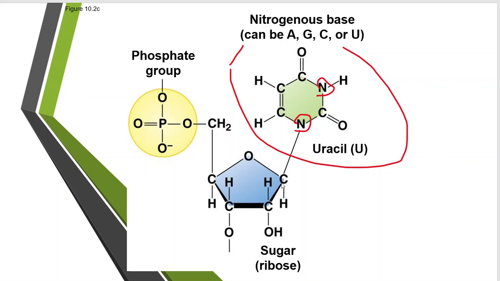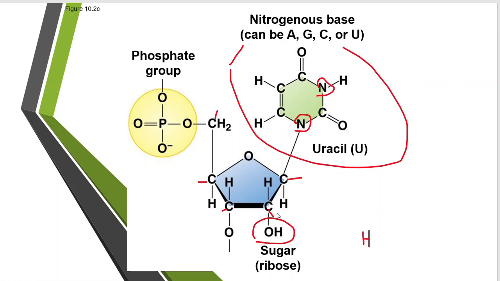This is a 5-carbon sugar. There's 1, 2, 3, 4, and then one up top. That sugar happens to be ribose because this has an OH. If that were DNA, it would be just an H, but otherwise it's going to be basically identical.